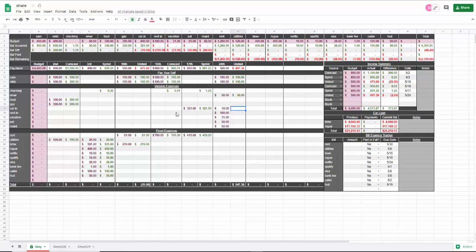So the car insurance, you don't want to mess with that. It's 100. So instead of $31, it's actually going to be $28.36.